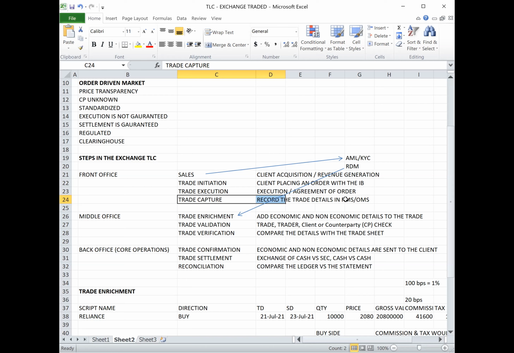This is the front office system. We call it risk management system or order management system. So front office person, what will it do? Once the trade is executed on behalf of the client, it would capture the trade details of that in the RMS or OMS system.